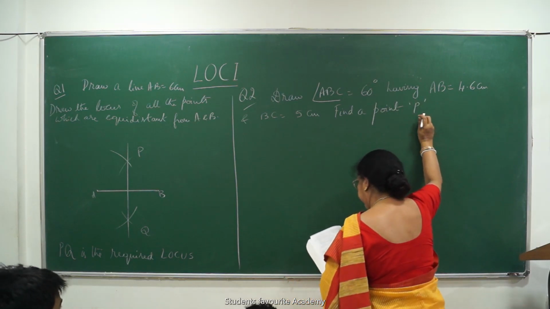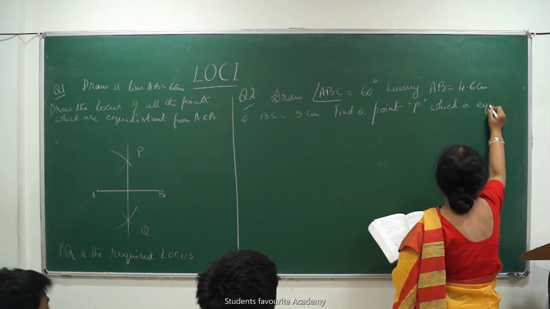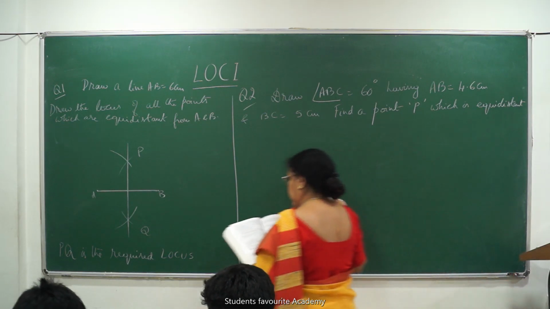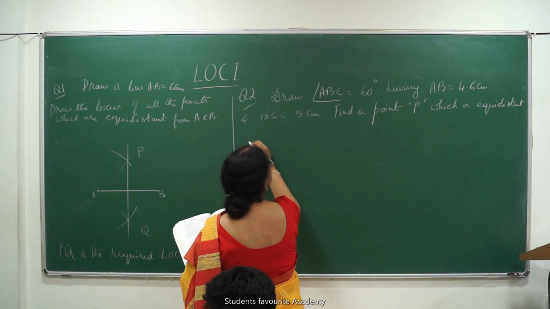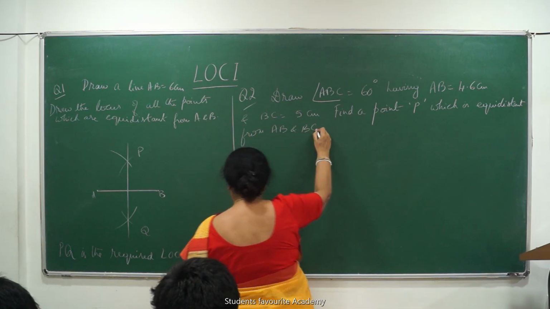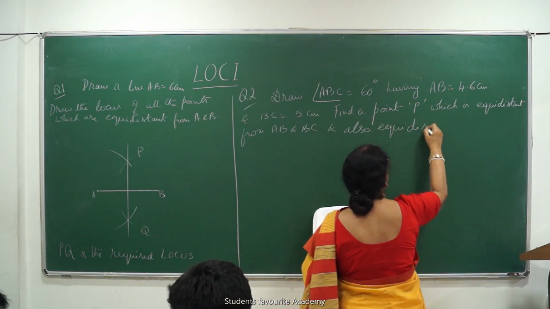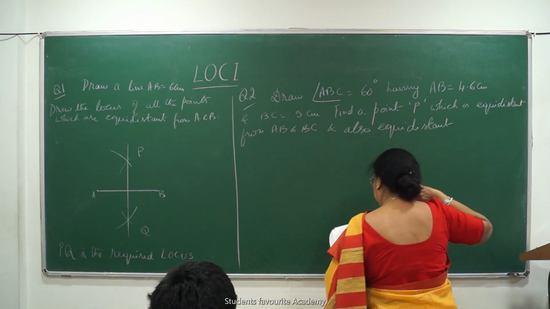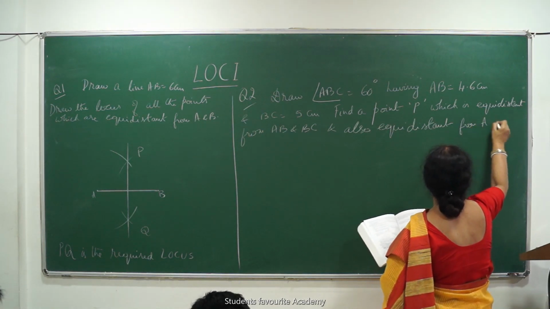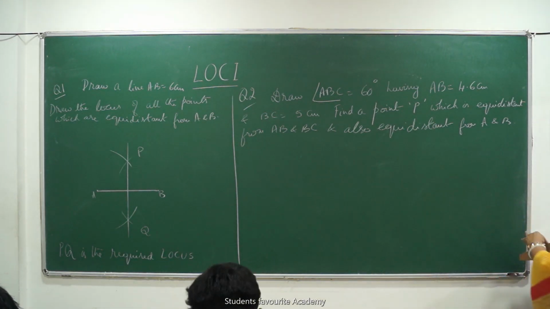Find a point P which is equidistant from AB and BC, and also equidistant from A and B. So here AB and BC are 2 lines, okay, isn't it?